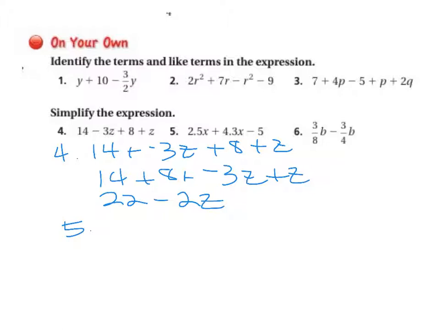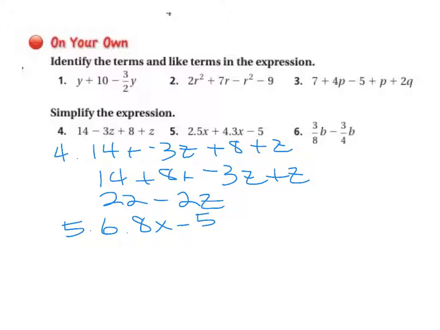So number 5, 2.5x plus 4.3x minus 5. You don't need to rewrite this using addition or as a sum because our like terms are already together. So you can just look at it and start adding. 2.5x plus 4.3x equals 6.8x minus 5. So that one was easy peasy.